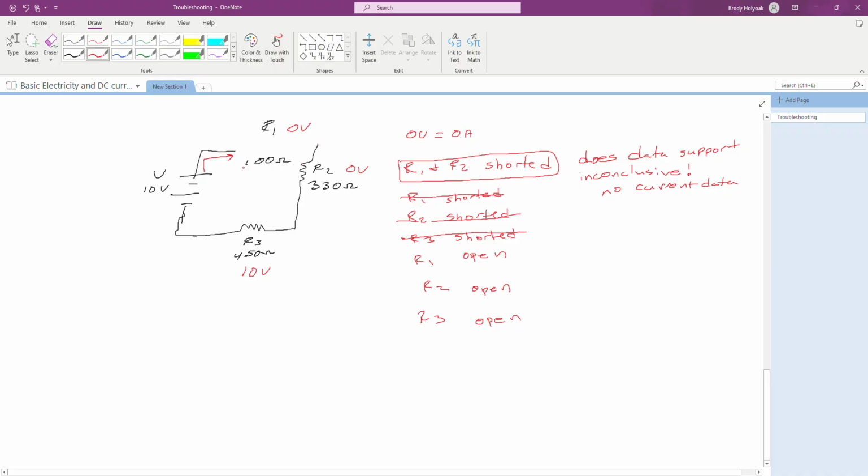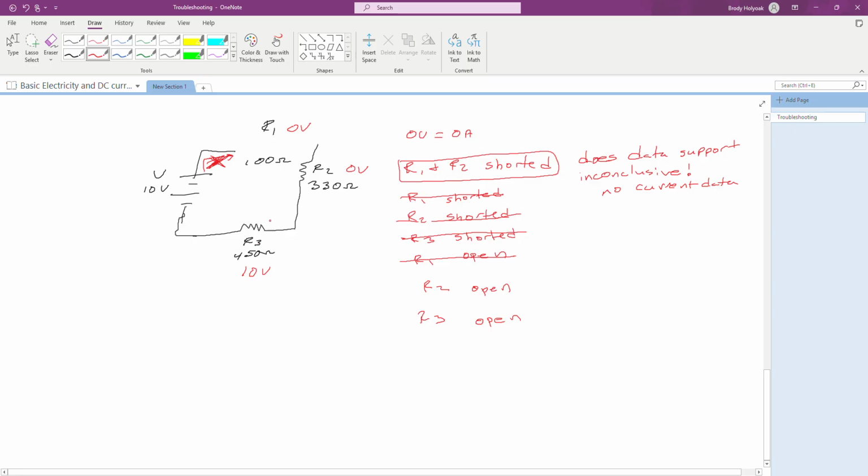So with R1 open, there is no current path in the entire circuit. There's nothing. So if there's no current in the entire circuit, that means R1 gets no voltage, R2 gets no voltage, and R3 gets no voltage, which means none of the data points that we have match that conclusion. If R1 is open, nothing has voltage.